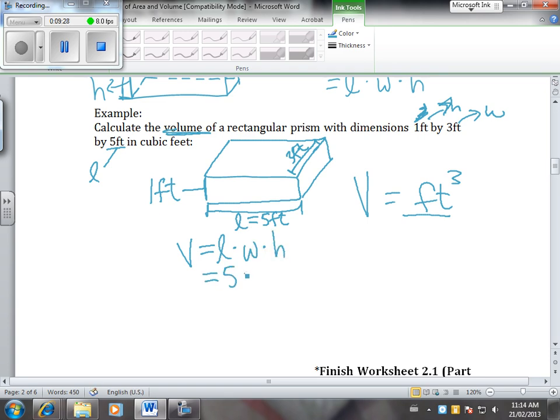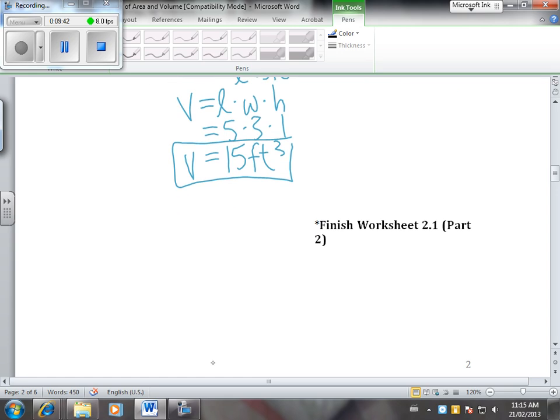So 5 times 3 times 1, and you get 15 feet cubed. And there you go. That's how we get volume. Now you'll be able to do part 2 of worksheet 2.1. And again, I'm going to keep going, but you can stop the video or continue till we finish and then go back and do the worksheet.